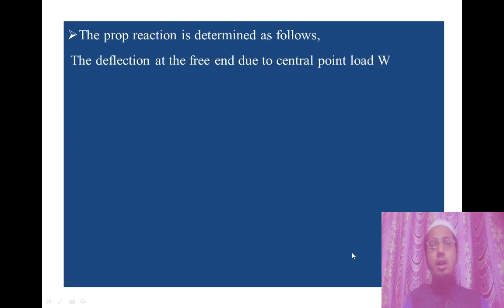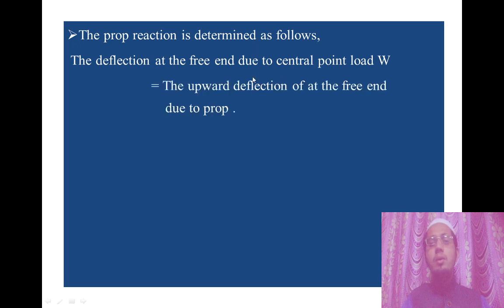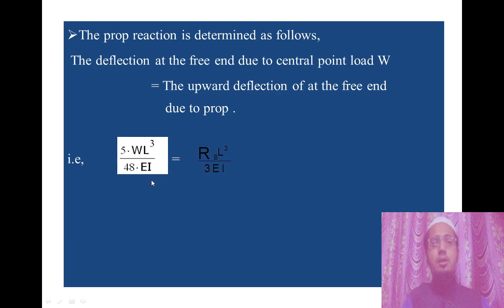Now the prop reaction is determined by simply equating the deflection at the free end due to the central point load W with the upward deflection at the free end due to the prop. So we will get 5WL cube by 48 EI equals RB into L cube by 3 EI.